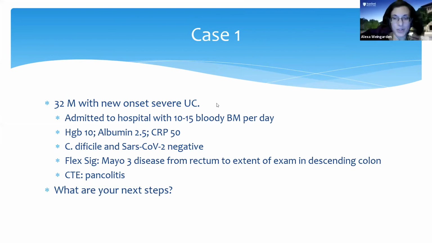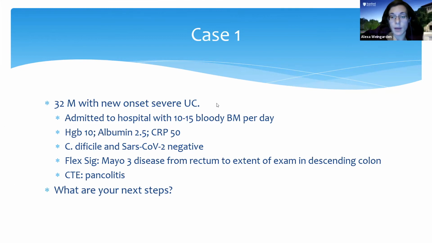This is a patient who, as you've described, has a very severe UC. There's a lot of really concerning features of this presentation, including the endoscopic findings, 10 to 15 bloody bowel movements, low albumin, and low hemoglobin as well. So this is someone who's going to need intensive therapy up front.